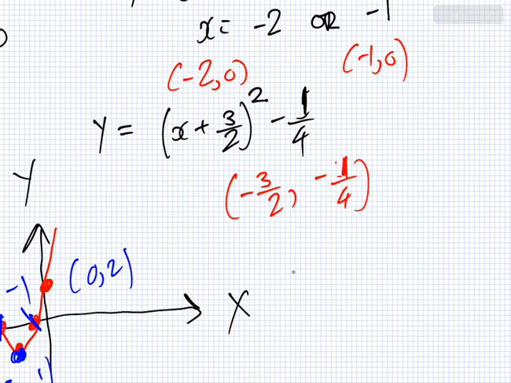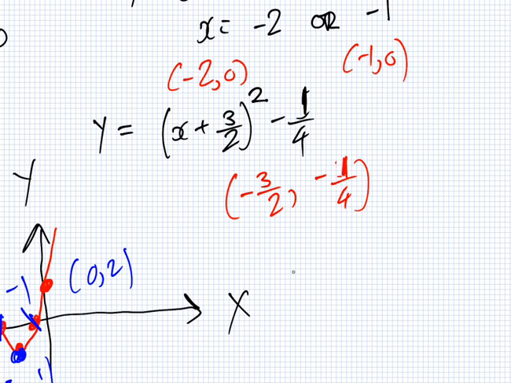So, in the exam, if they ask you to sketch, sometimes the question has two parts. For example, if the first part asked you to factorize, and then they ask you to sketch, well then of course you know that there are roots.